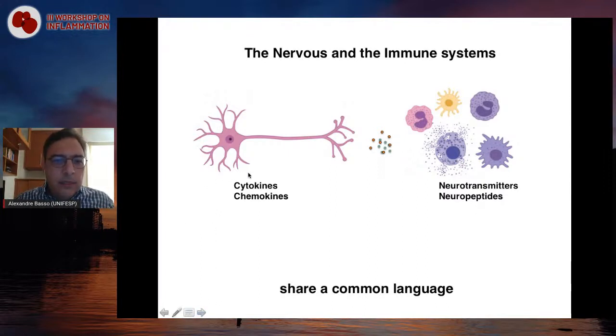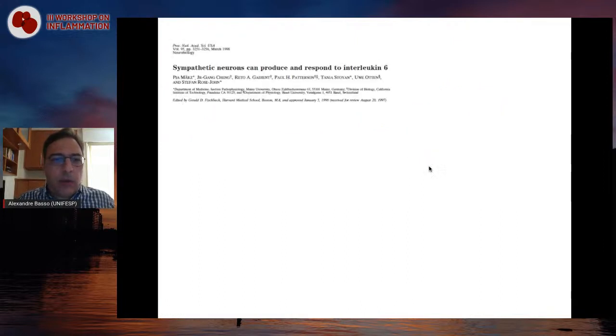In this sense, neurons can also express and secrete cytokines and chemokines. And at the same time, immune cells are shown to secrete neurotransmitters and neuropeptides, in such a way that now one can play the role of the other in this kind of interaction.